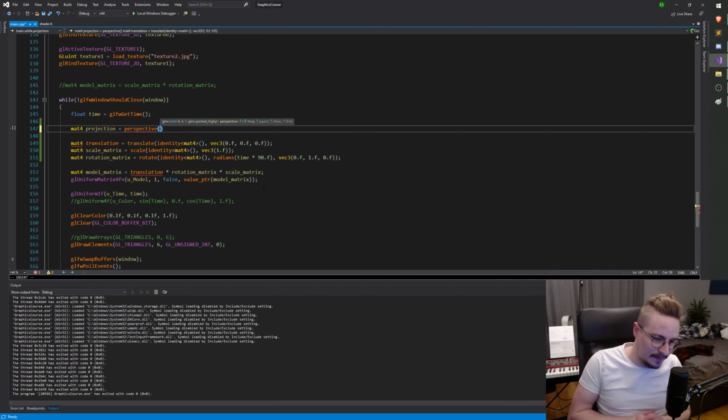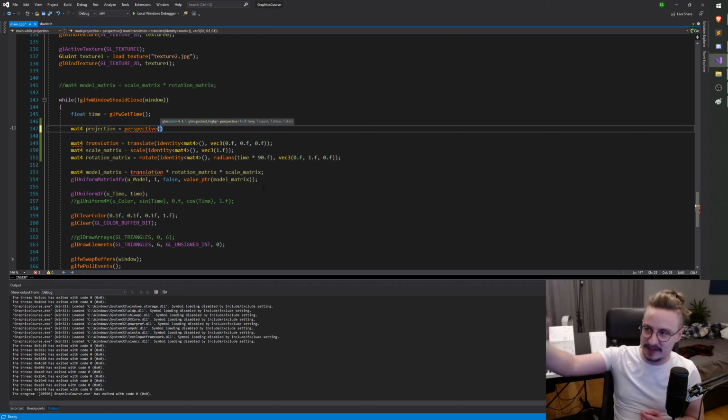Perspective is one type of projection. We're also going to look at another type, called an orthographic projection, but we're going to start with this. So perspective creates for us a projection matrix that creates this perspective illusion, where stuff that's further away, deeper into the screen with a more negative Z component, gets smaller, and stuff that's closer up gets bigger.